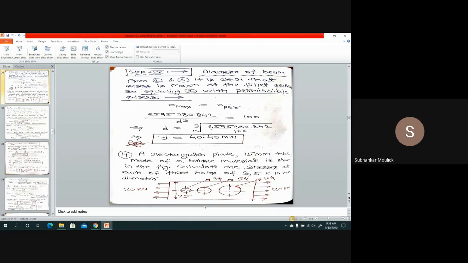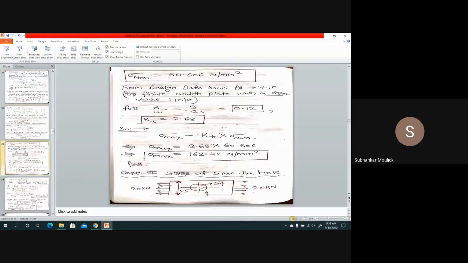But now the condition is different. The load will not be constant every time; the magnitude of load will vary with respect to time. Such loads are called fluctuating load, and stresses induced due to this fluctuating load are known as fluctuating stresses.